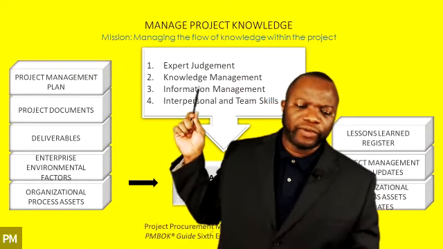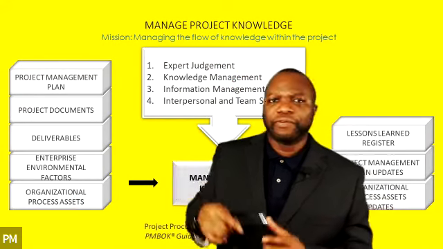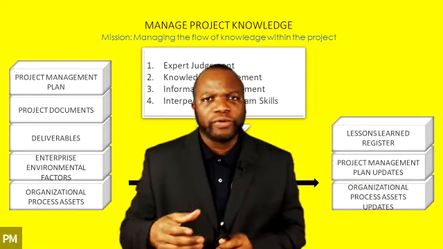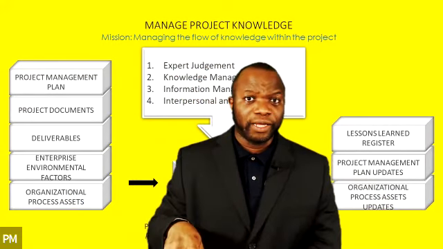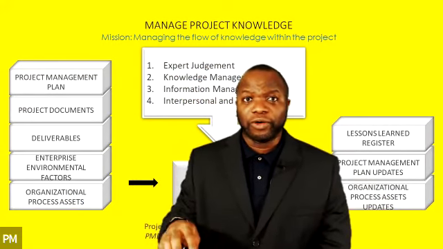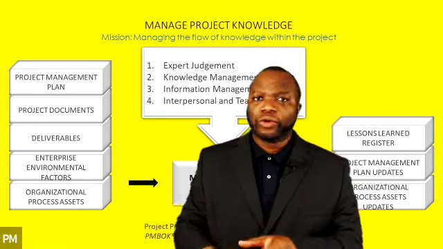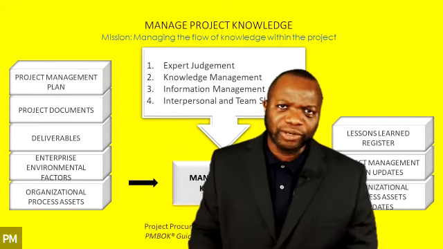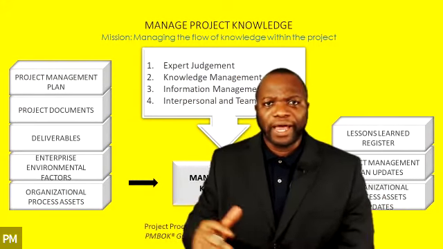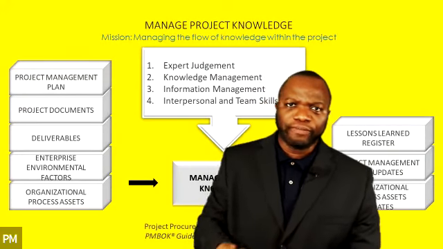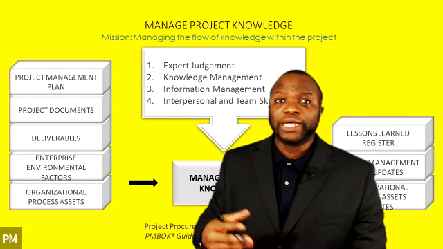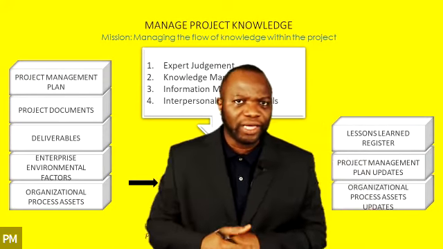Then we have information management. Information management is different. When you capture information and document it, you can put it into a library or a repository or some other location online somewhere, library services and so on. If people need the information, what should you do? Connect them to the information they need.